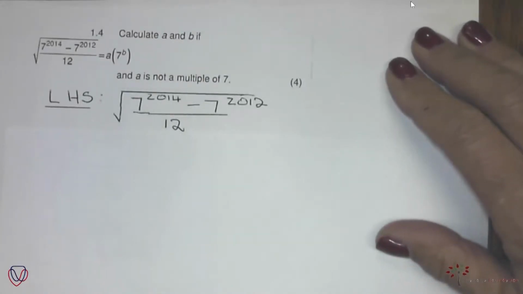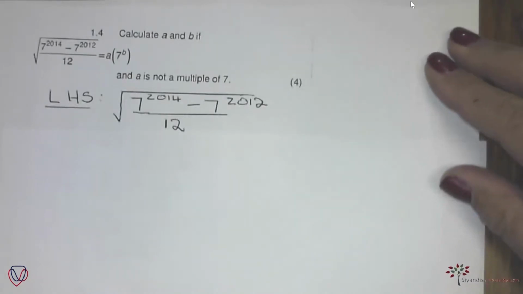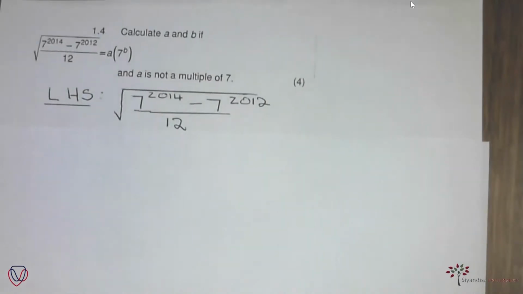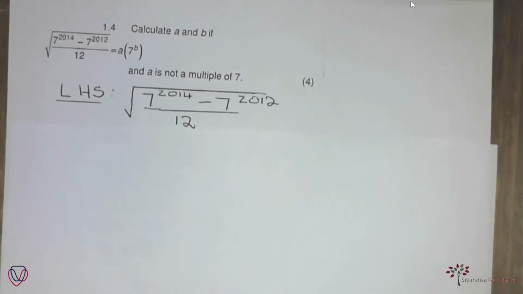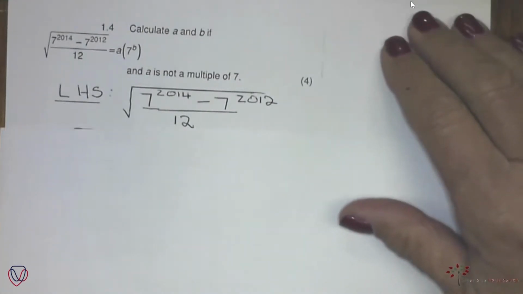But when you do your paper, please do not skip steps, because you know what, people? The markers mark according to your steps. And if your steps are all right and only the answer is wrong, you might only lose 1 mark. So why would you skip any steps, right, people?